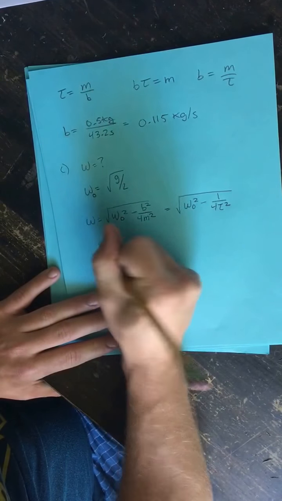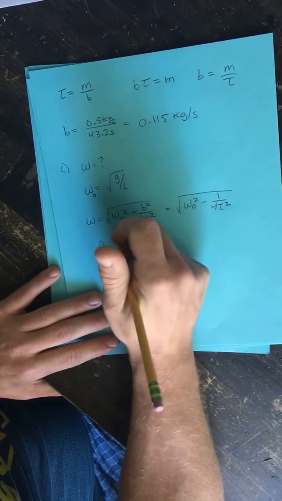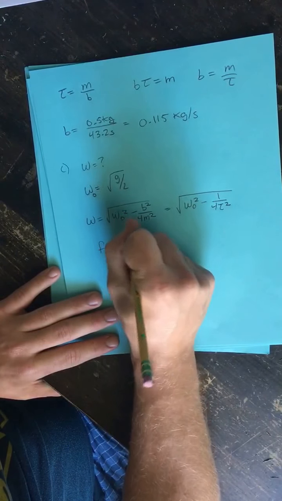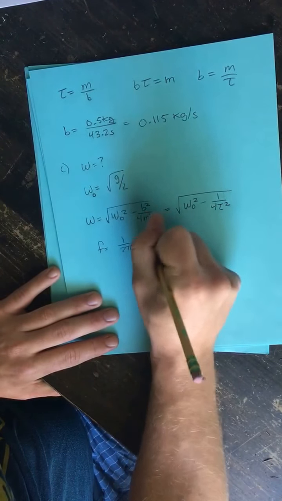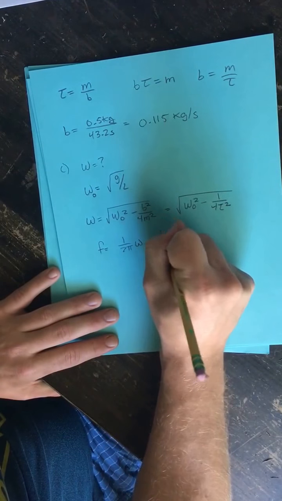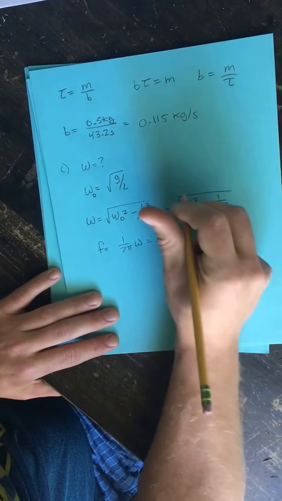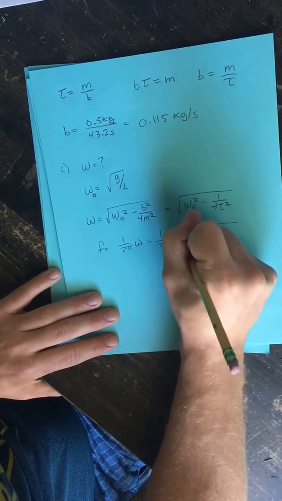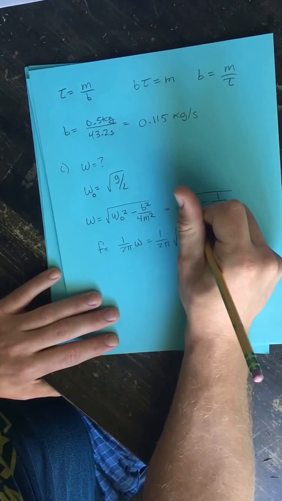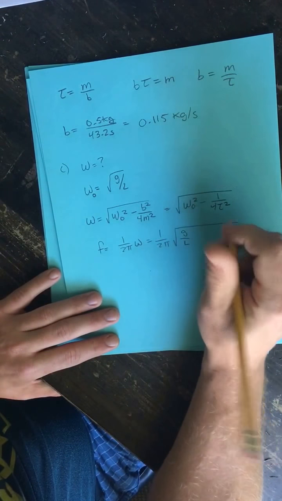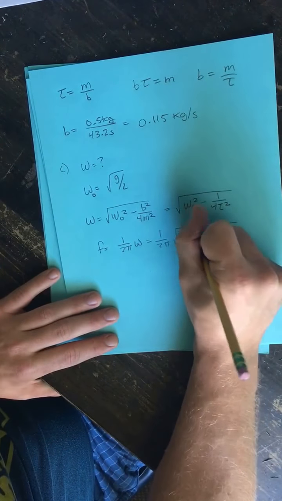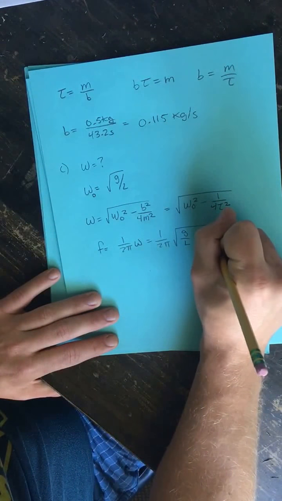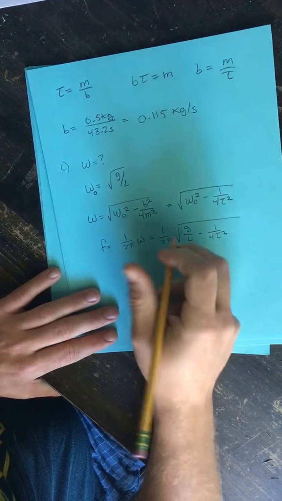The frequency is what's asked for here, not actually the angular frequency omega, so that's going to be 1 over 2 pi times omega, which is going to be 1 over 2 pi times the square root. Omega naught is the square root of g over L, so omega naught squared is g over L. Minus 1 over 4 tau squared.